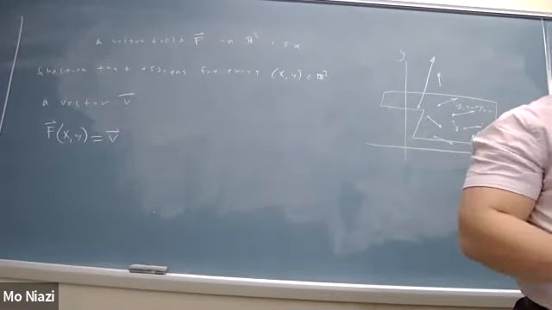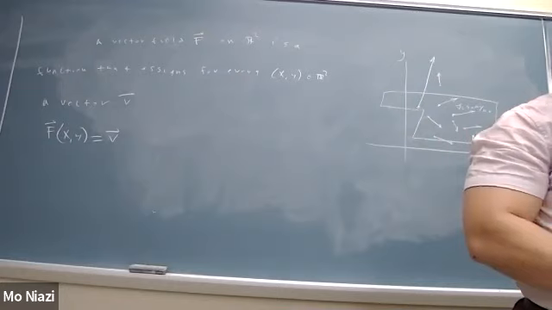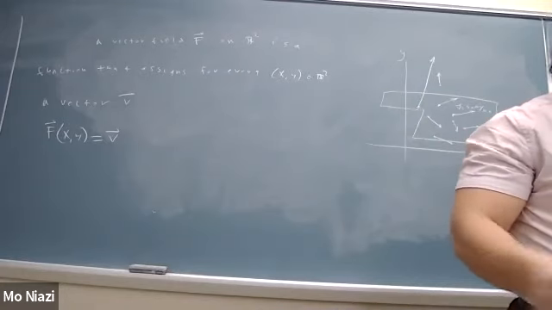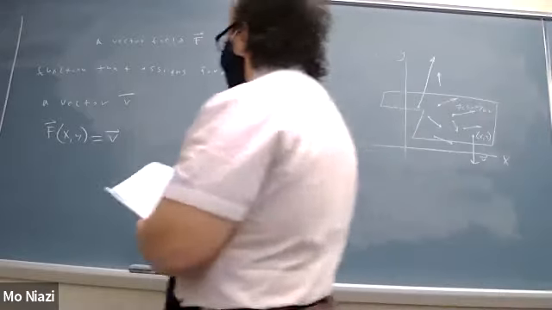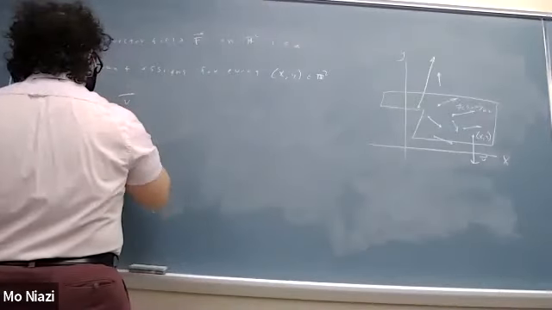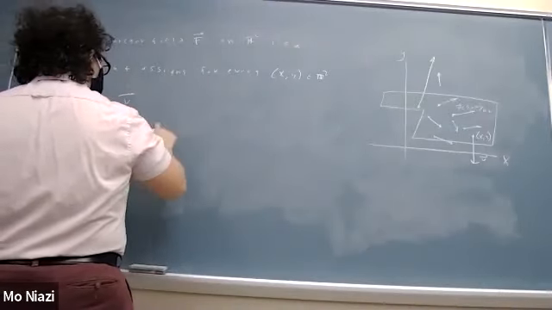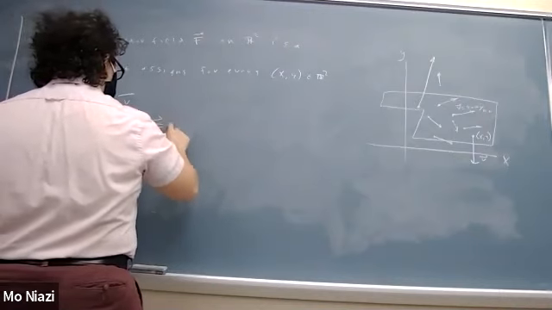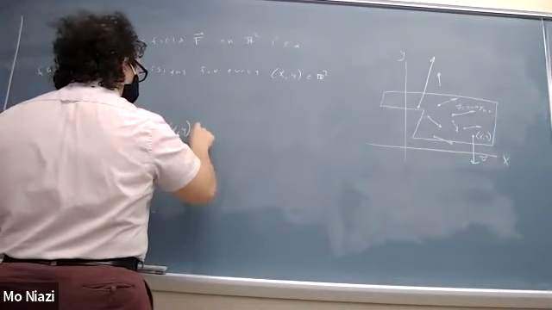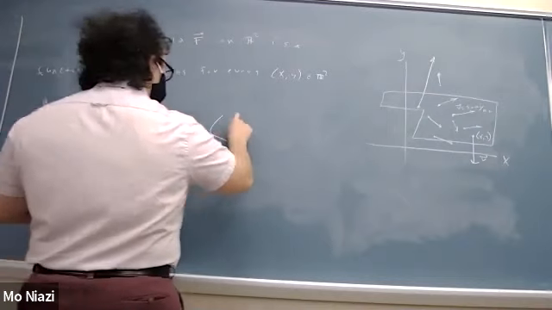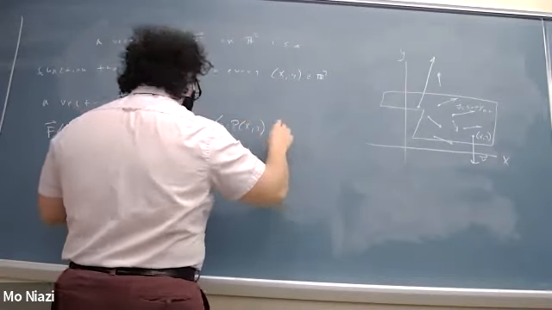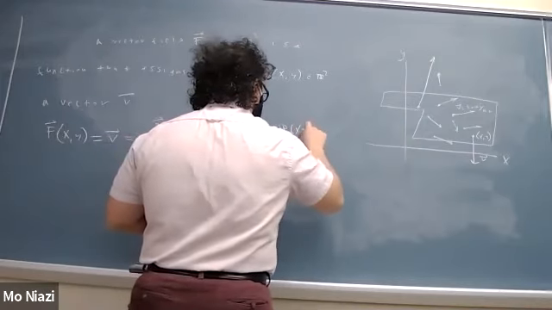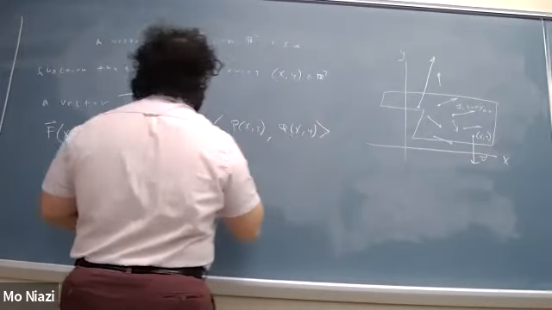Okay. So now that I've kind of introduced you to the concepts, okay, we notice that if this is equal to some v, then that implies that our vector f of xy, if we write it in component form, can have a function of xy in its x parameterization and a function of xy in its y parameterization.